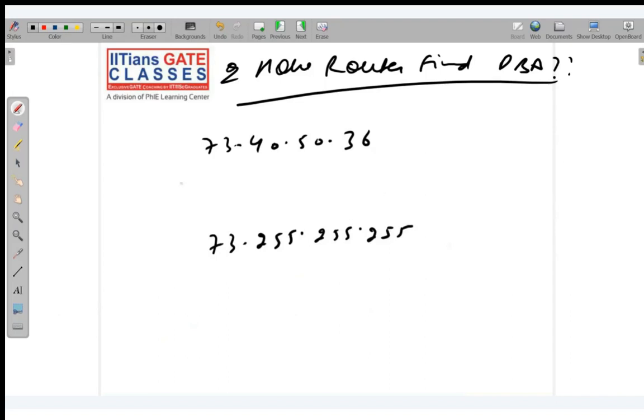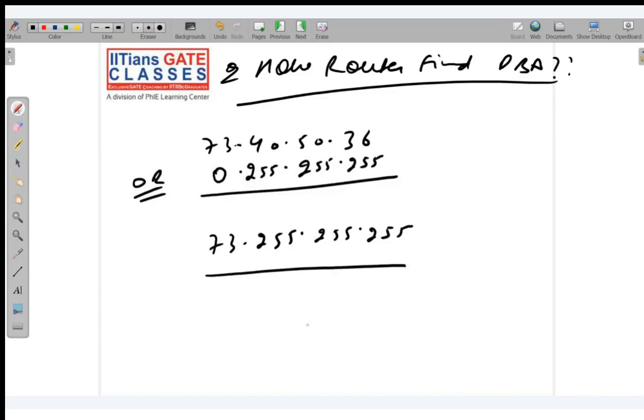Directly and indirectly, whatever may be the number here, I want 255 here. And here, whatever number is here, I want to copy. So obviously, OR operation. Very good. 0.255.255.255, I will do OR operation and I will get it.